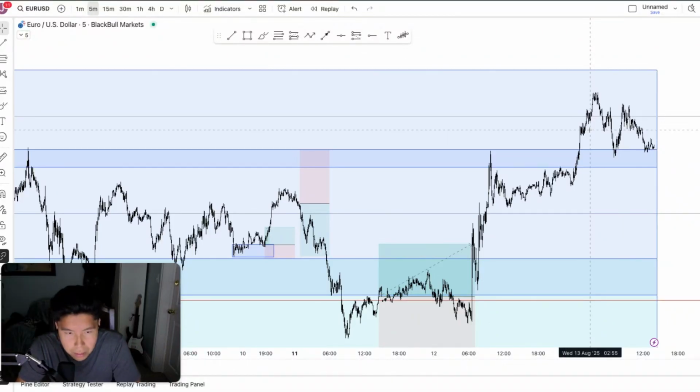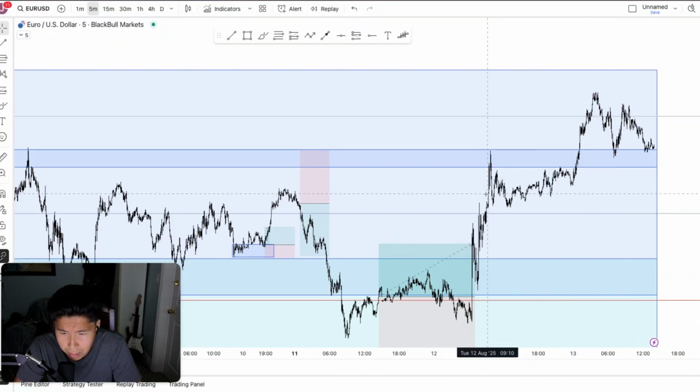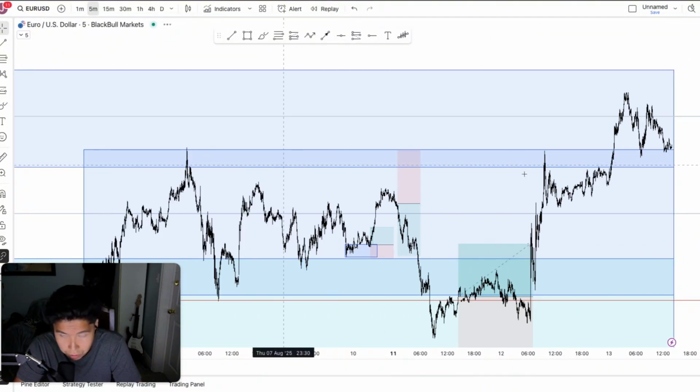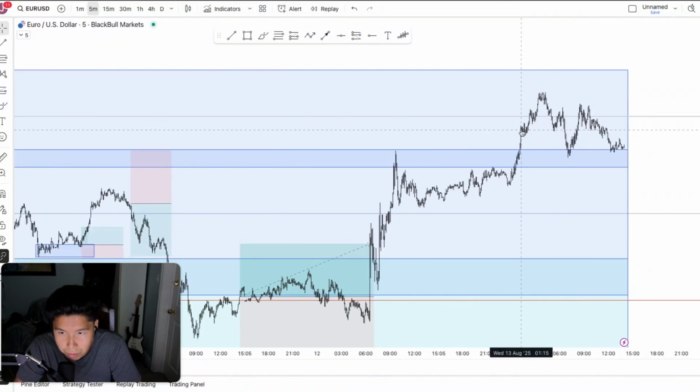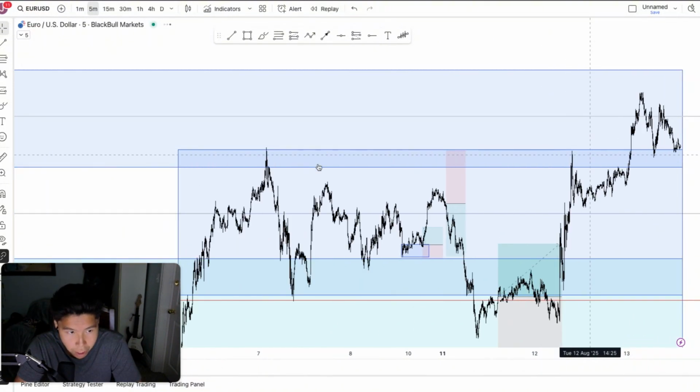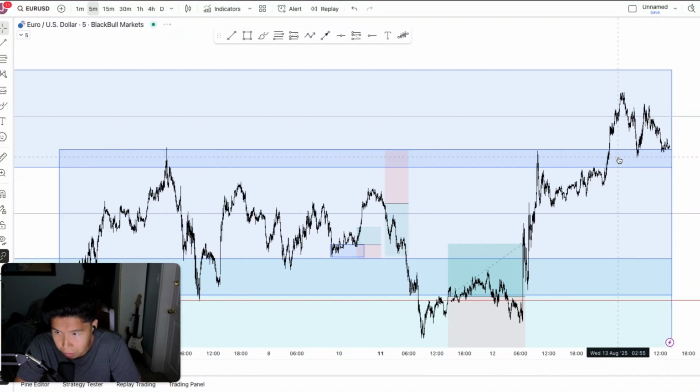Okay, we're on Euro USD, and pretty much price was doing exactly what I was looking for it to do. So it was bouncing around, hitting the top of the key consolidation zone like it was doing. And then when I left off, it was up here. So I probably wouldn't have even sold, because this isn't enough rejection for me to look for sells at all. So I wouldn't have even entered until down here, looking for the retest of the top of this key consolidation zone right here and looking for buys.